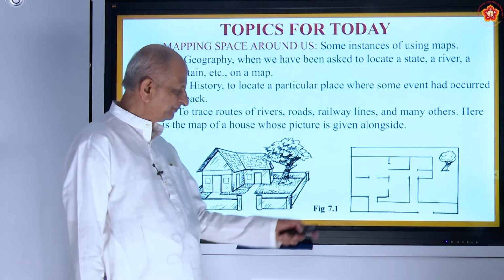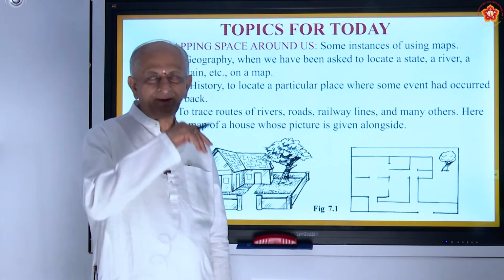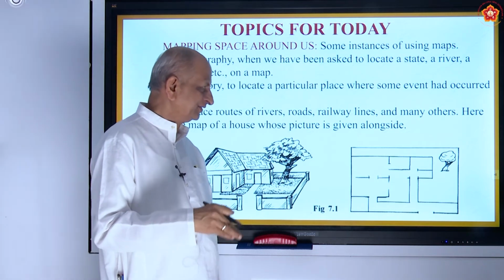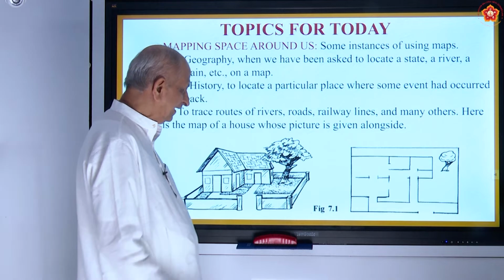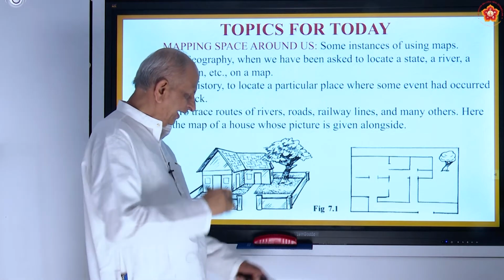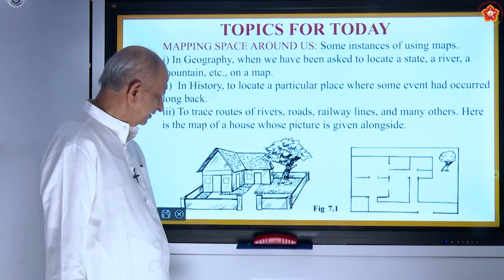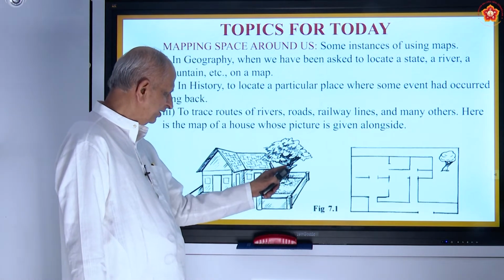A building plan nowadays is very costly because the plan itself is very important to save cement, steel, sand and all. Here, as it is not realistic, it's only a plan. But when it comes to the real picture, this is the house.